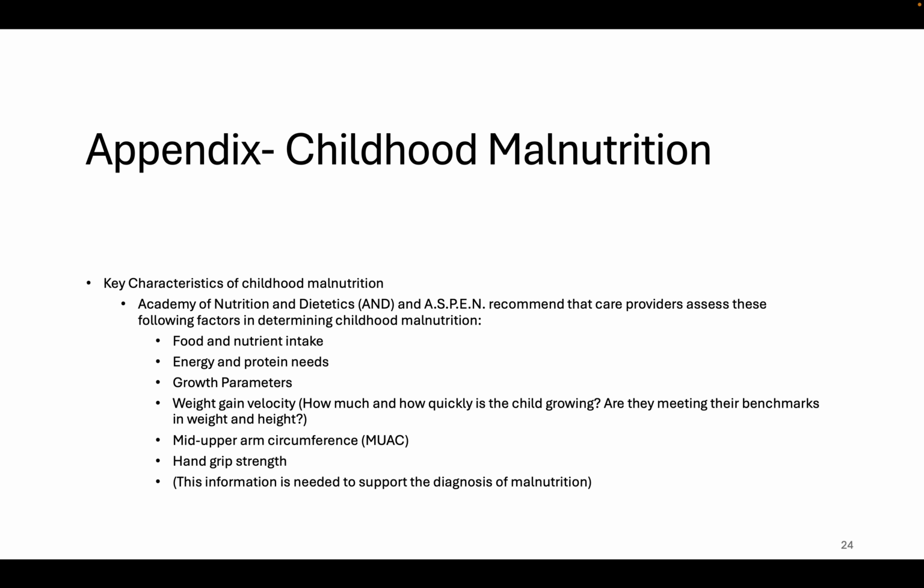Key characteristics of childhood malnutrition. The Academy of Nutrition and Dietetics and ASPEN recommend that care providers assess these following factors in determining childhood malnutrition. They need to document their food and nutrient intake, their energy and protein needs, their growth parameters, their weight gain velocity, how much and how quickly is the child growing, and are they meeting their benchmarks in height and weight.